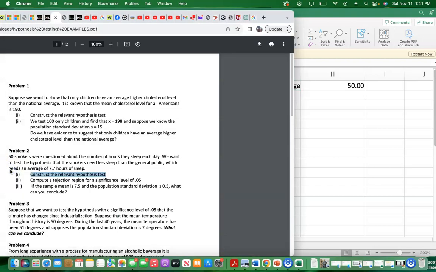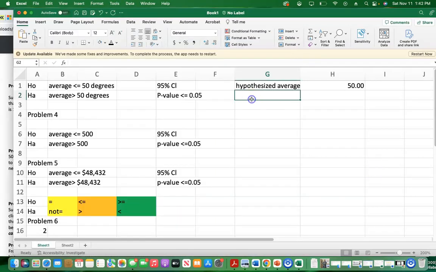If you look at problem number 3, you will see that there is a new mean temperature that was obtained during the last 40 years, and that is 51 degrees. That's the alternative average that was obtained from the sample data taken within the 40 years. So we will call the alternative average 51.